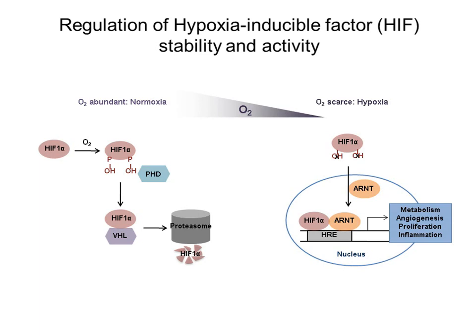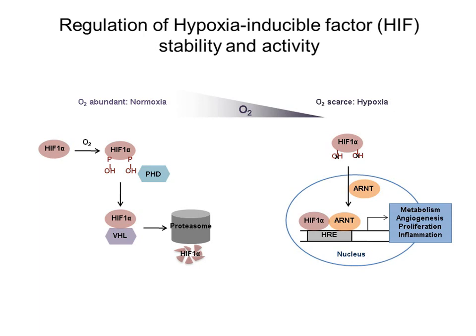And so in oxygen-replete or normoxic conditions, the alpha subunits are extremely unstable because they are hydroxylated on proline residues by a family of HIF-specific prolyl hydroxylase domain enzymes called PHDs. Hydroxylated HIF-alpha is now recognized by a multi-protein complex that includes the tumor suppressor protein von Hippel-Lindau, targeting it for proteasome-mediated degradation.